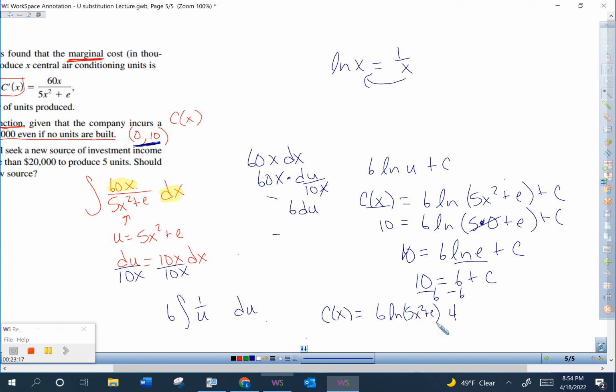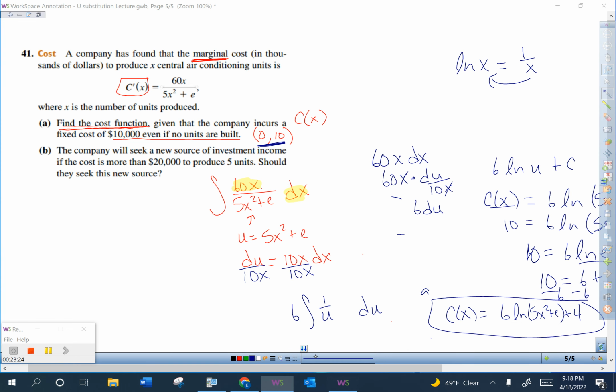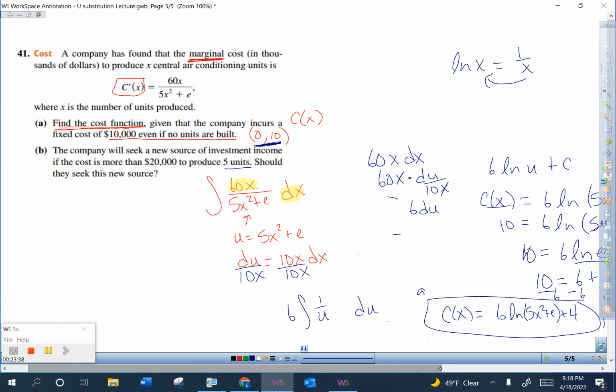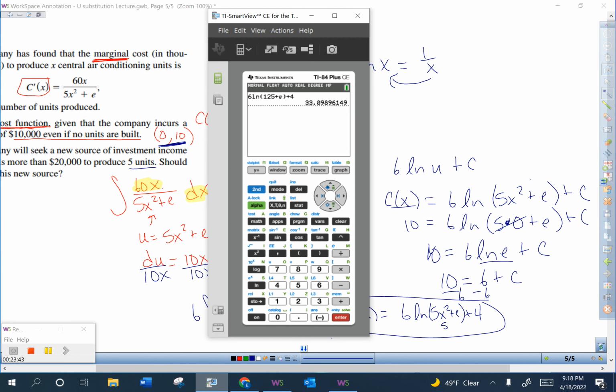Okay, that's part A. Then if we go look at part B here, it says the company will seek a new source of investment income if the cost is more than 20,000 to produce 5 units. So they don't want to exceed 20,000 if we're plugging in 5. Okay, so let's go plug in 5 and see if it goes over 20,000 or not. Okay, so 5 is going right here. All of this can be done in your calculator if you want.